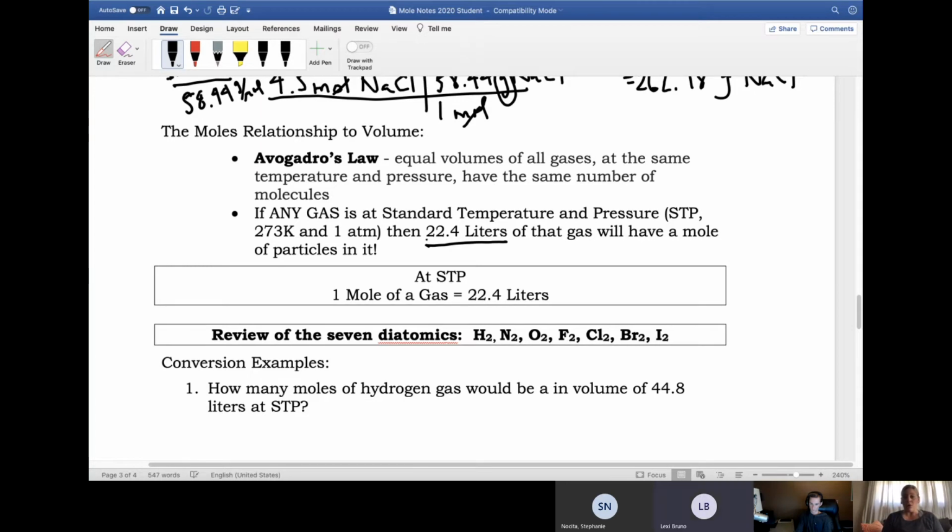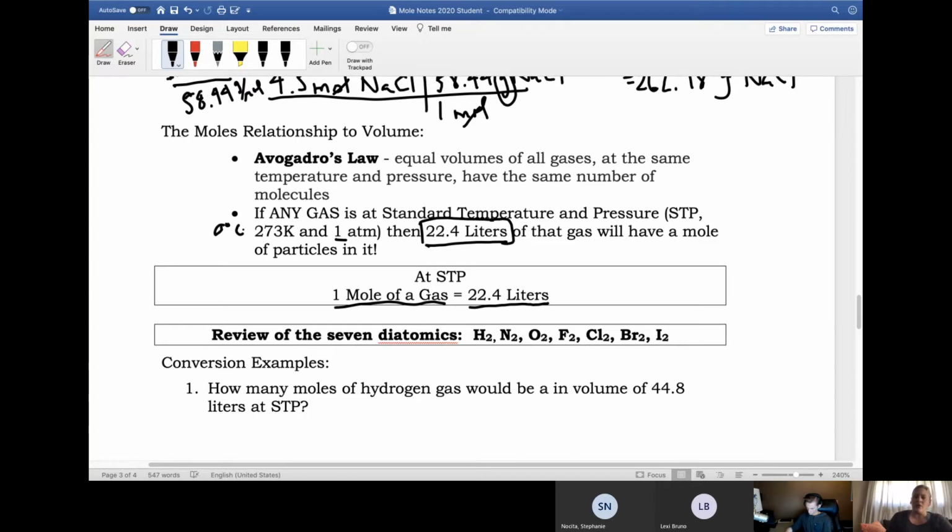So if I have a mole of a gas, it's going to take up this much space. If you can imagine a 2 liter of pop, that's about 11 2 liters of pop. So here's one more equality: if I have 1 mole of gas, it's always going to take up 22.4 liters of space if it's at standard temperature and pressure, which is 1 atmosphere and 0 degrees Celsius or 273 degrees Kelvin.